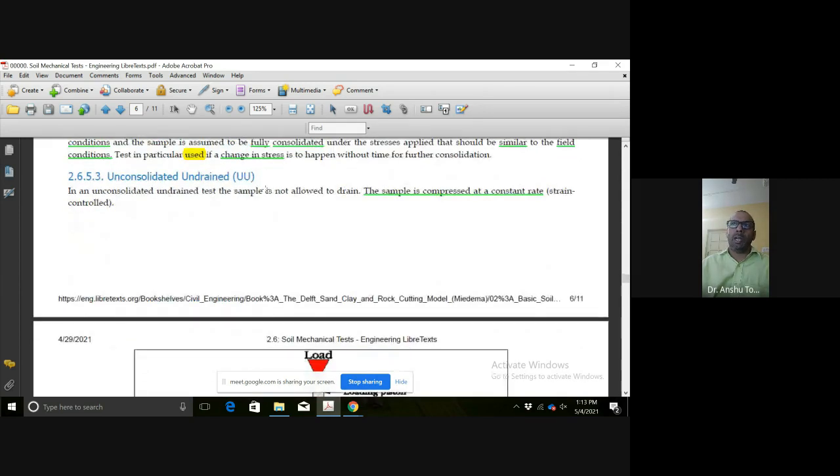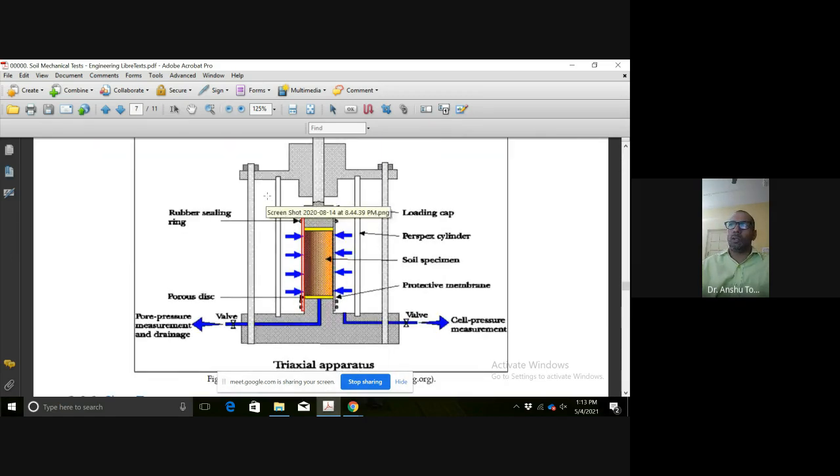Then we have got the third kind, the unconsolidated undrained test, where the water bath is not allowed to drain out, and the sample is compressed at a constant rate. That is again strain controlled.